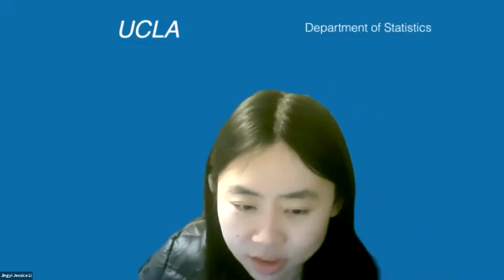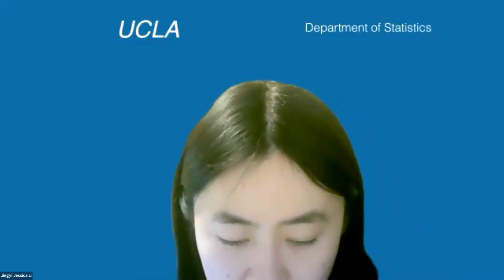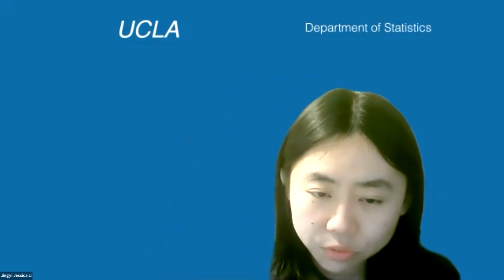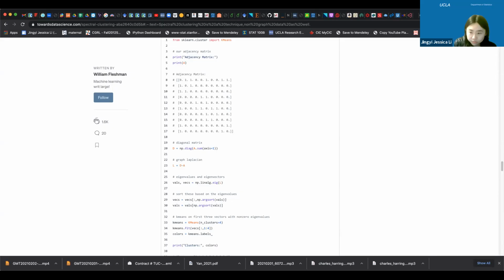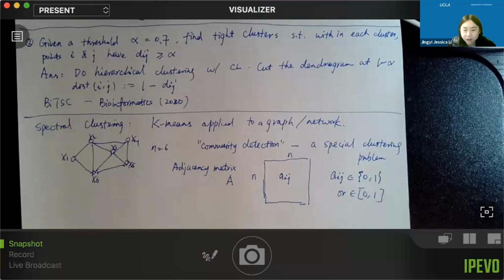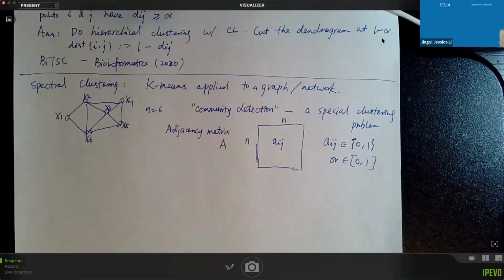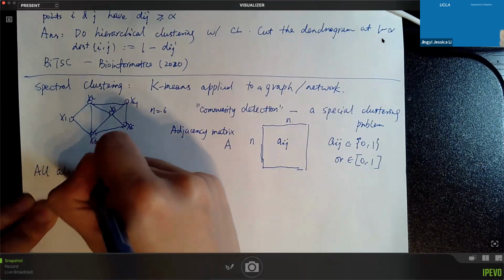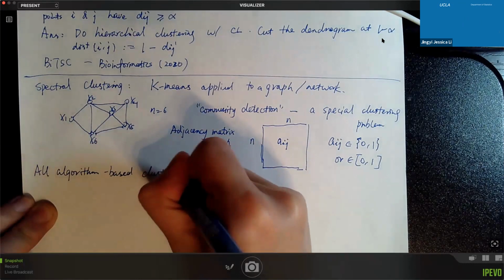All right, so finally, we conclude this clustering part based on algorithms. Let me share that window again. The methods we have talked about so far are called algorithm-based clustering methods.